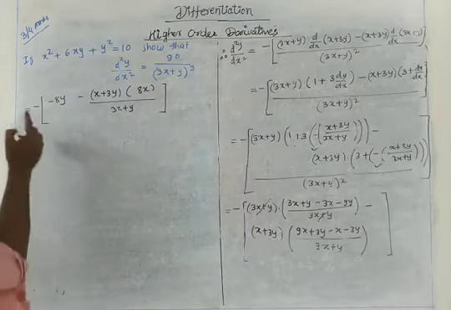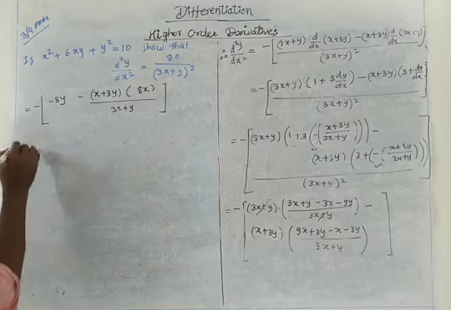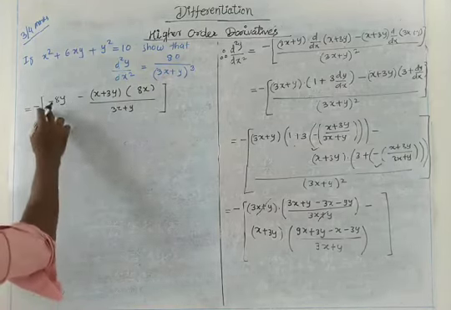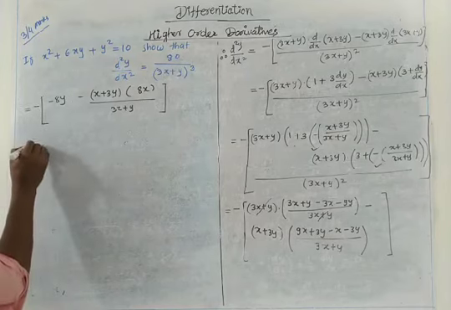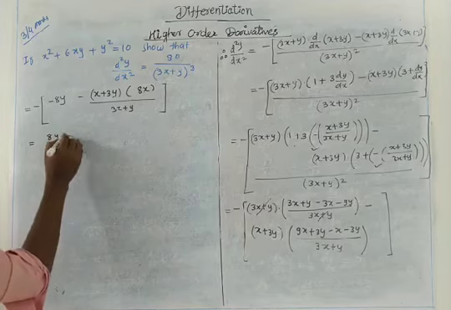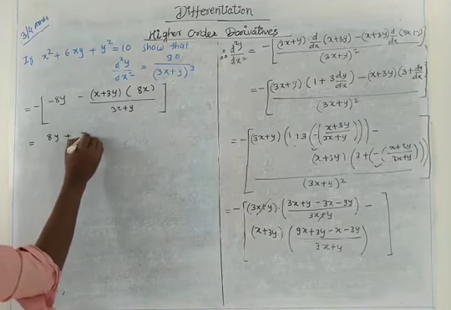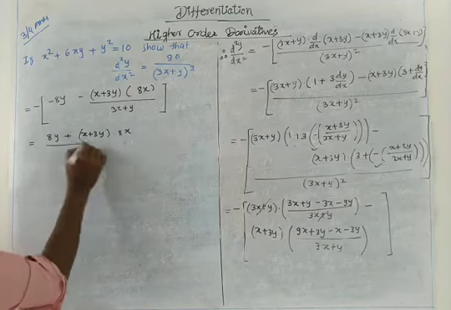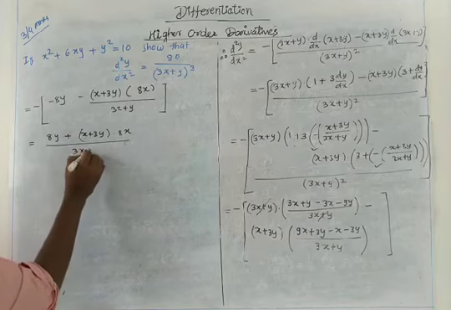Now make a common denominator. Before that, you can change the signs, multiplication. So you will get 8y plus (x plus 3y) into 8x upon 3x plus y.